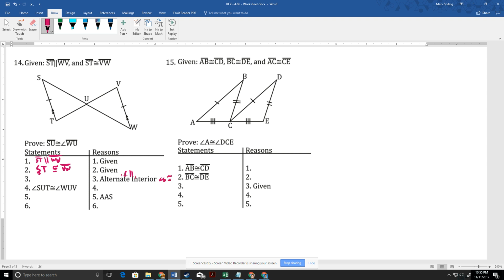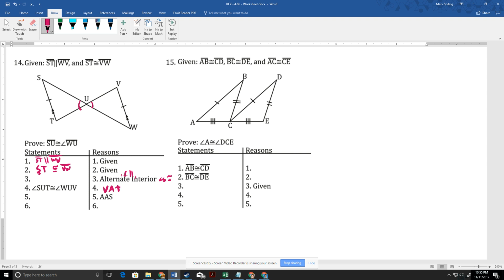And again, which angles would that be? We actually have our pick. It does say also angle SUT and angle WUV, which we know are vertical angles. So that's the vertical angle theorem. And what I'm looking for is angle, side.